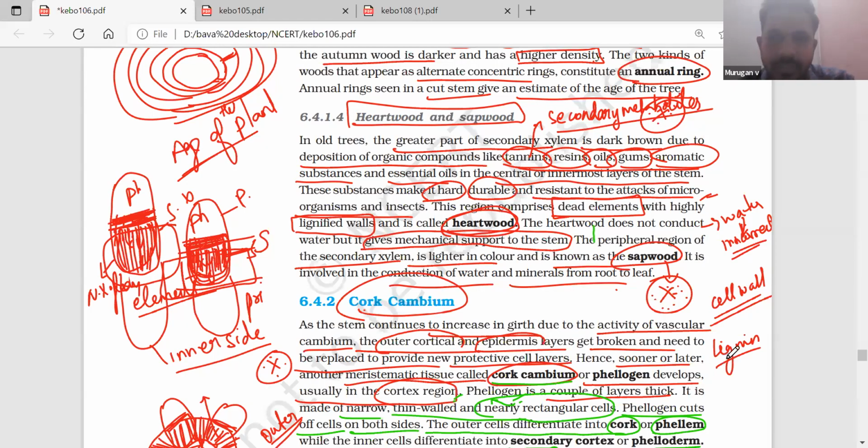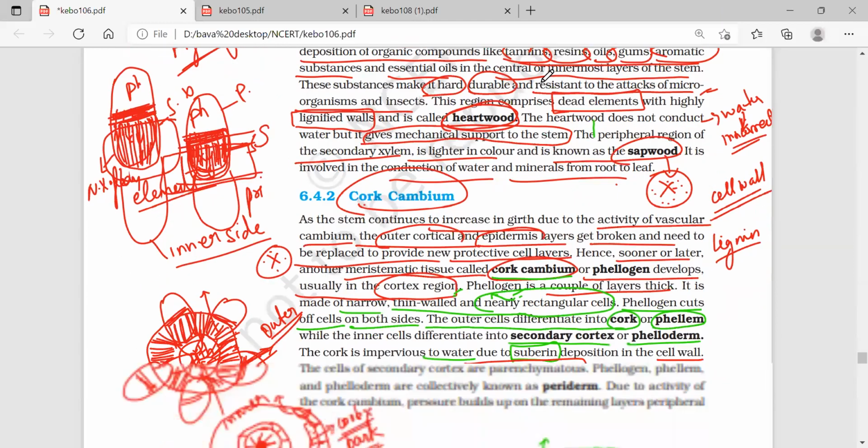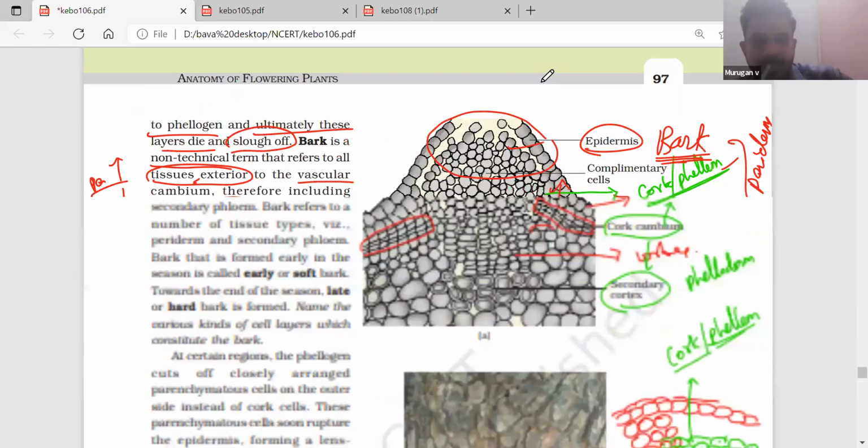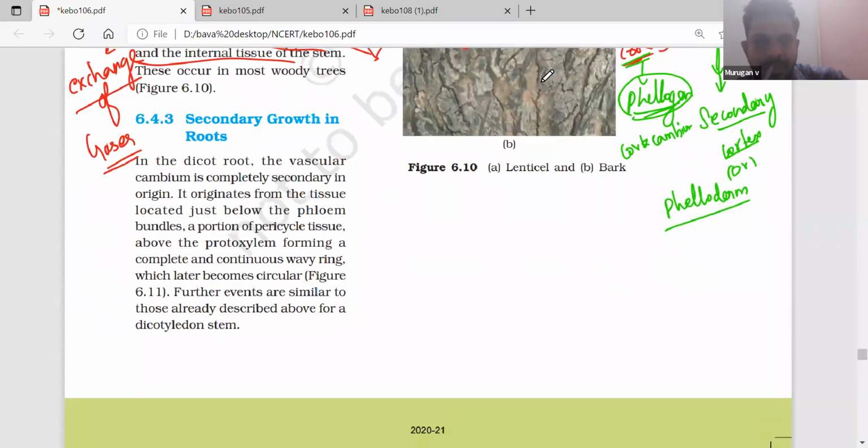Just a minute. Is it visible to everyone? Yes, sir. Right. So now we are going to discuss secondary growth in roots.